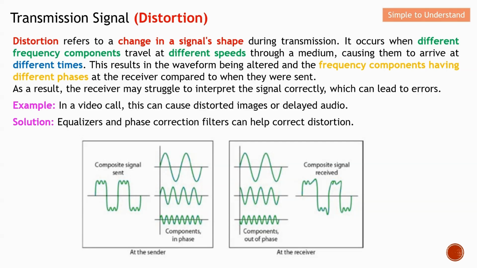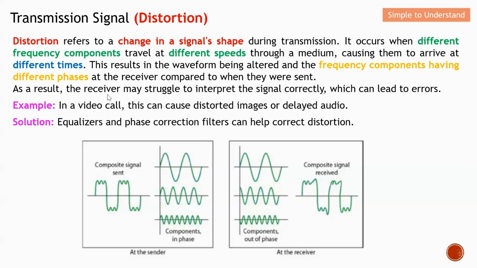However, because of the different speeds for different frequencies, this causes some form of distortion of the original signal. Therefore, you can see that the composite signal received is totally different compared to the original signal that I want to send. You can see some form of distortion.